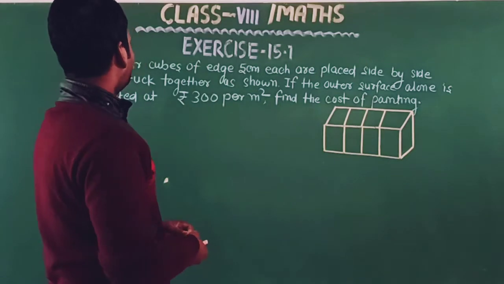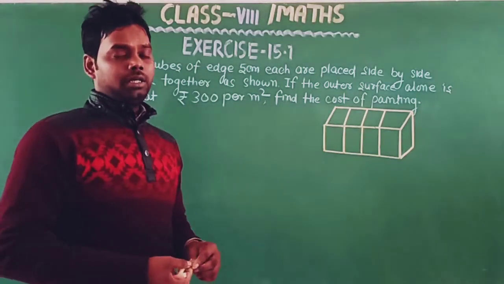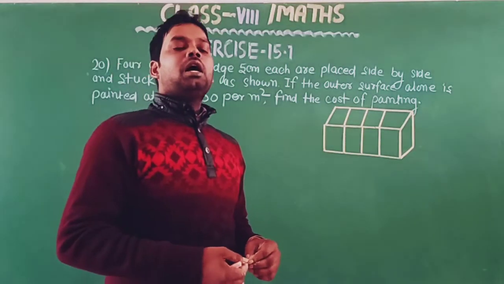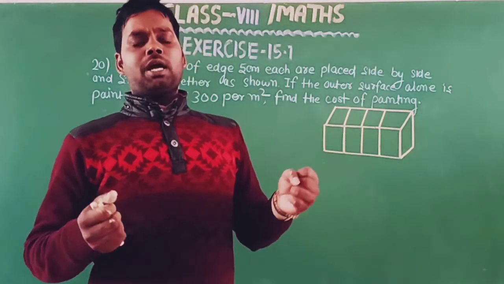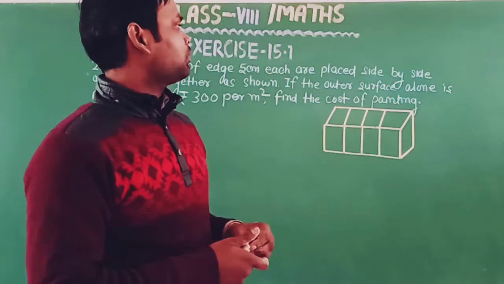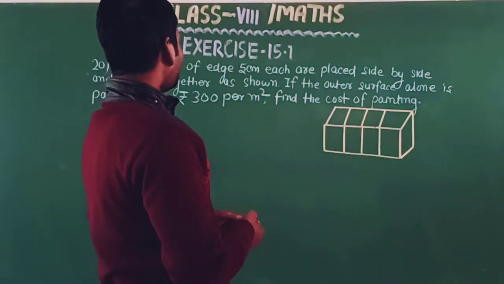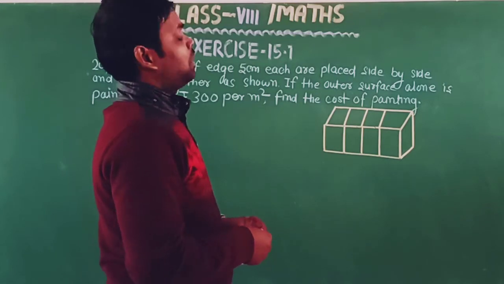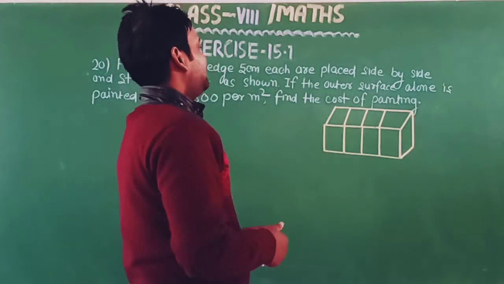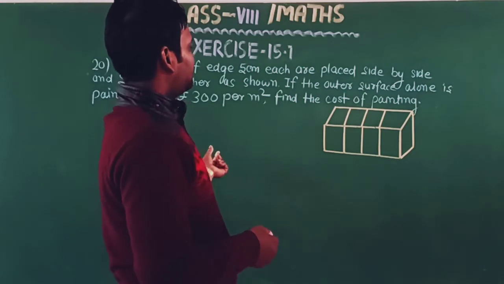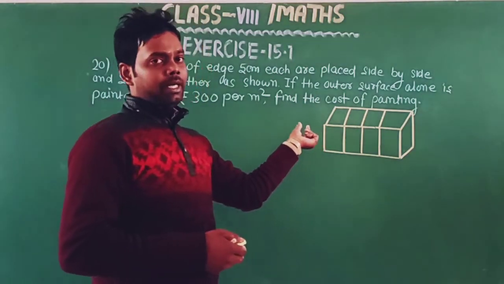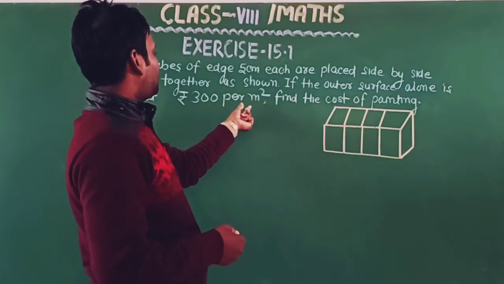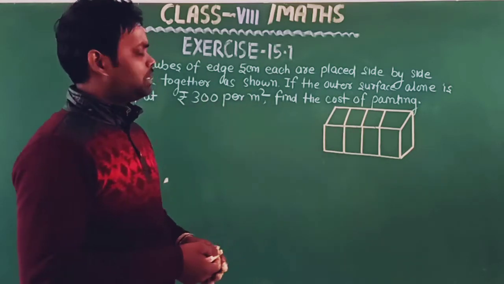So in this question we have 4 cubes of edge 5 cm joined end to end, and we have to paint its outer surface area. Then find the total cost of painting, given the cost of 1 meter square is 300.